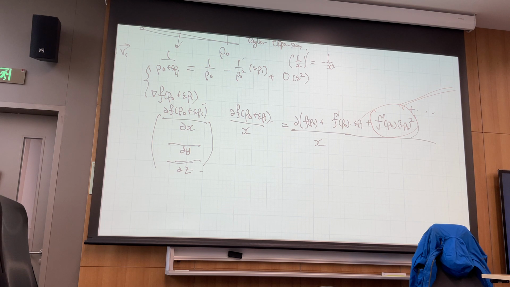This is the Taylor expansion, and what we're going to do is take the partial derivative of every term in it.